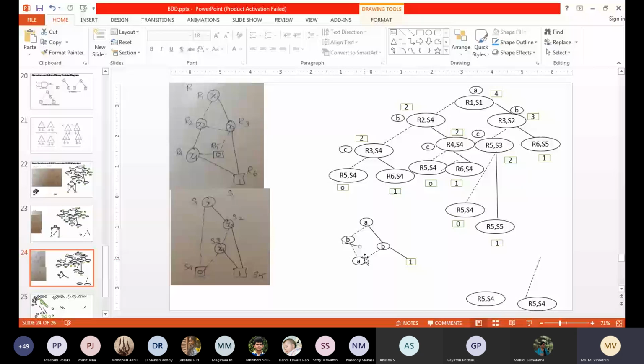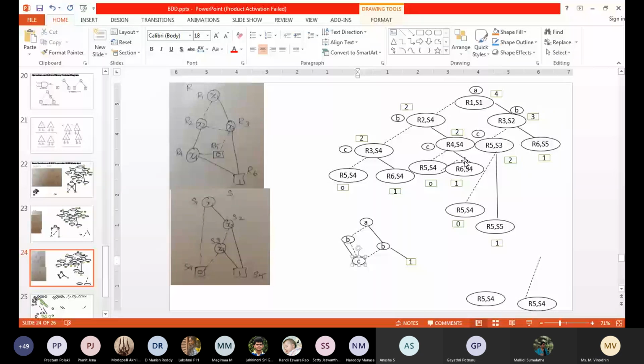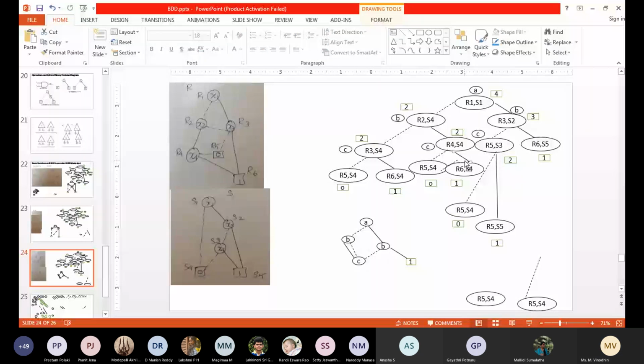So this is C. So in this C, when it is 1, it is going to 1. And when it is 0, it is going to 0.